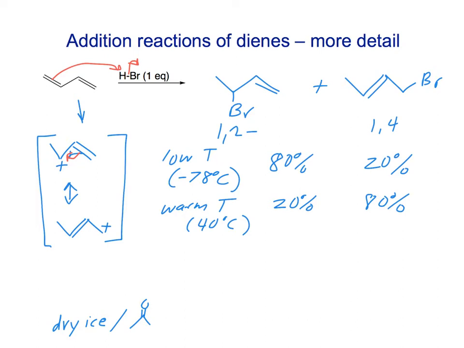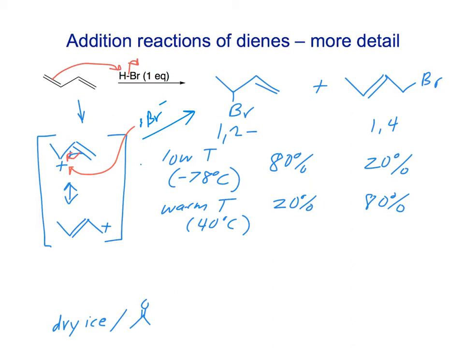So when the nucleophile, the bromide, comes in, it can be attracted to either of the positions that have the plus on them. We can easily get to this position, to this product, the 1,2 addition product. If the bromide comes in and attacks the first carbocation that we drew, that gives us the 1,2 addition.